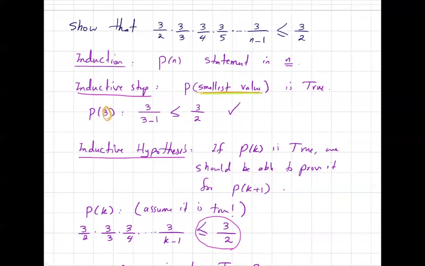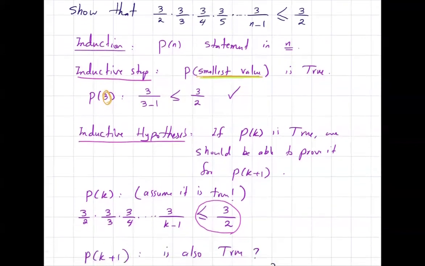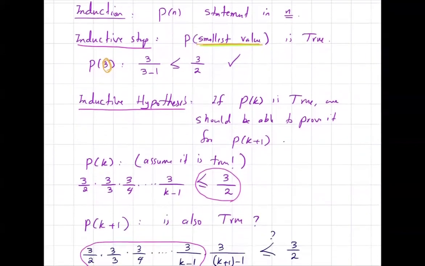Now, the inductive hypothesis says if Pk is true, you can show that Pk plus 1 is true. So if Pk is true, it means that this multiplication or this inequality is true.